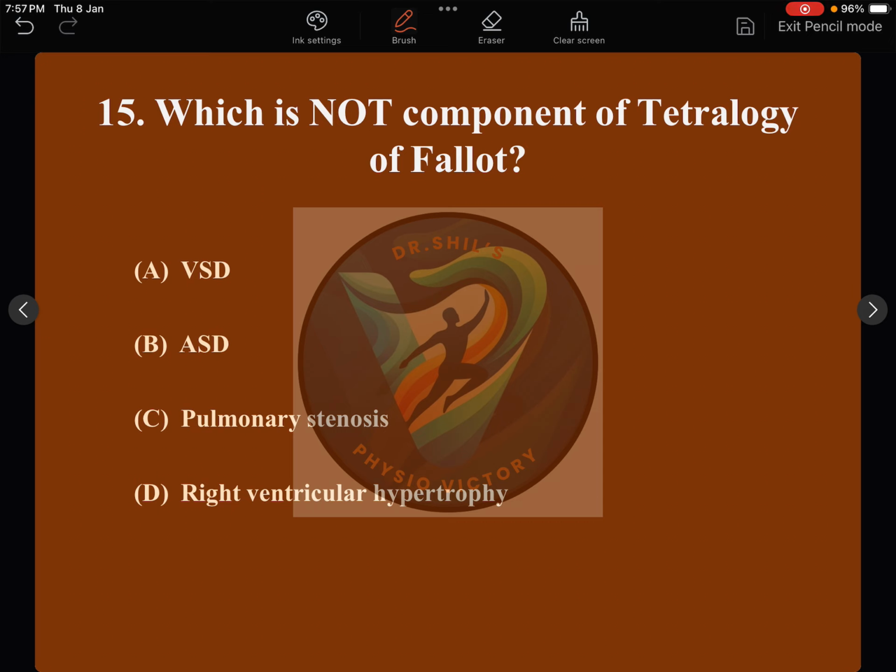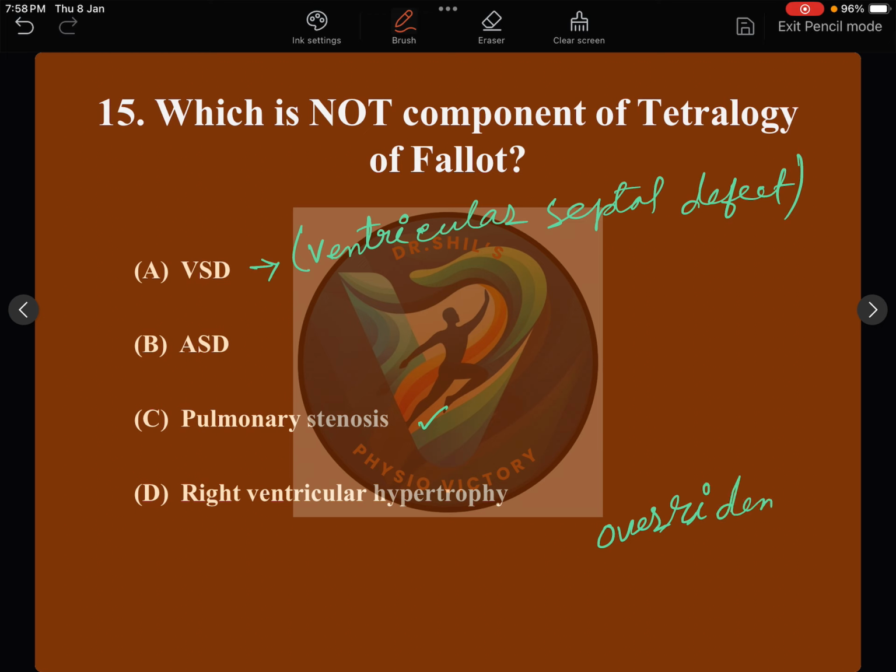Tetralogy of Fallot includes ventricular septal defect, or VSD, pulmonary stenosis, overriding of aorta, and right ventricular hypertrophy.